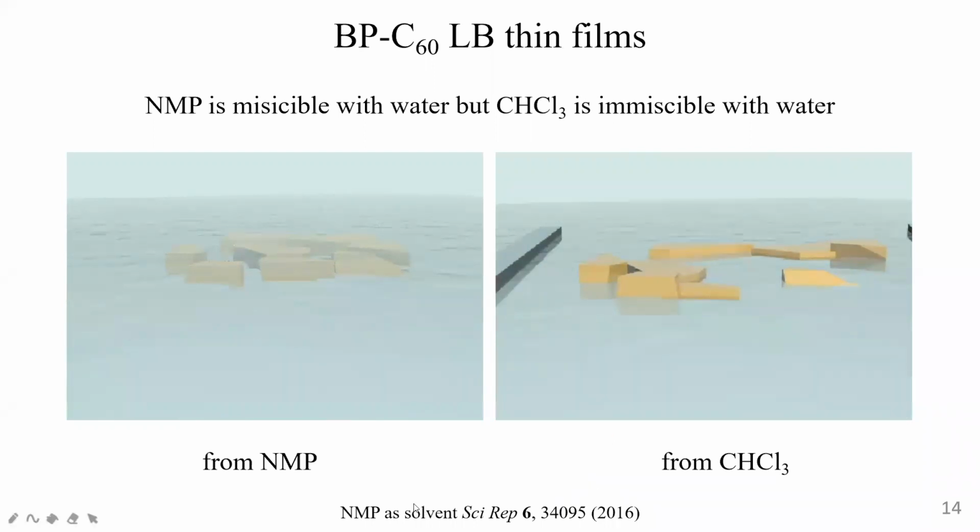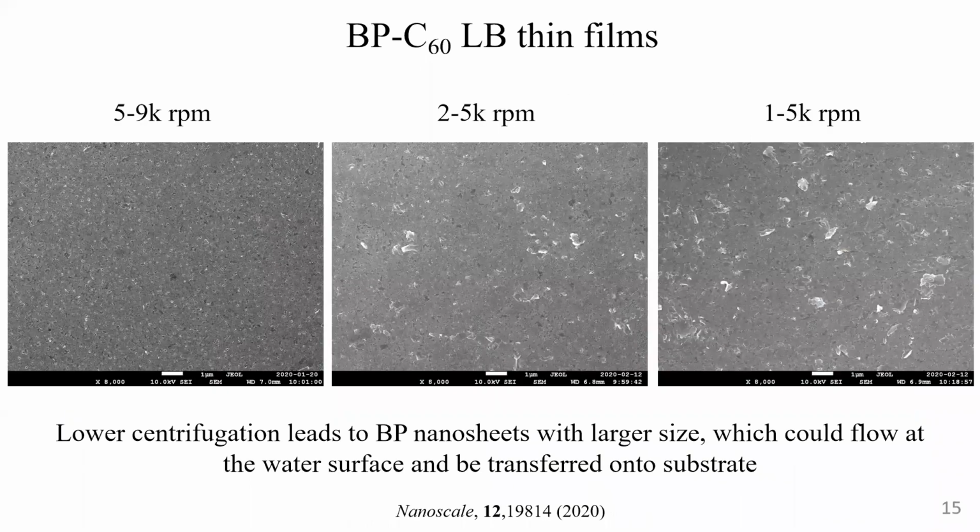However, there is another paper that used NMP as the solvent. However, we can't reproduce their work. Besides, as you can see, the previous nanosheet is quite small, less than a few hundred nanometers. And we have changed the centrifuge speed in order to get some larger flakes.